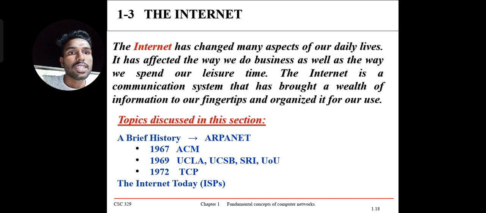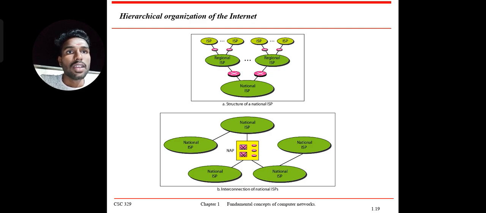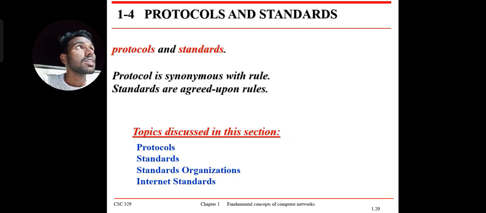Topics discussed in this section: brief history, the internet today. Next one is hierarchical organization of internets. See the diagram, easy to understand. Structure of a national ISP, interconnection of national ISPs.